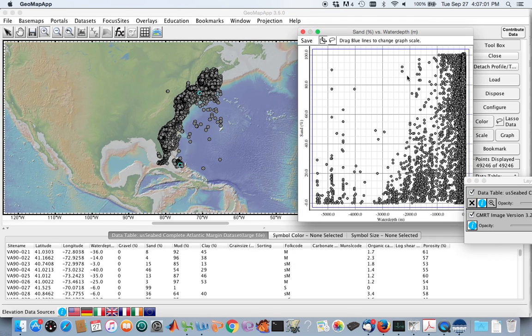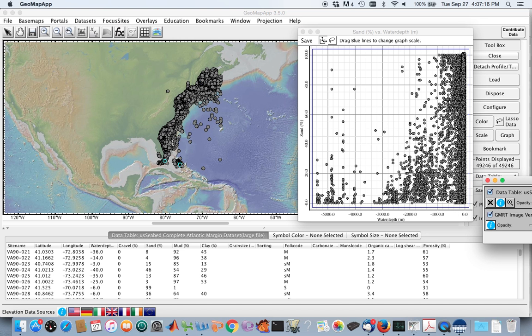It's not as drastic because sand can be transported more easily than gravel, but we do see that general trend that much higher percentages of the sediment are sand near the coast at shallow water depths. And as you move from the coast out to the deep sea floor, you have a smaller percentage of the sediments that are sand.